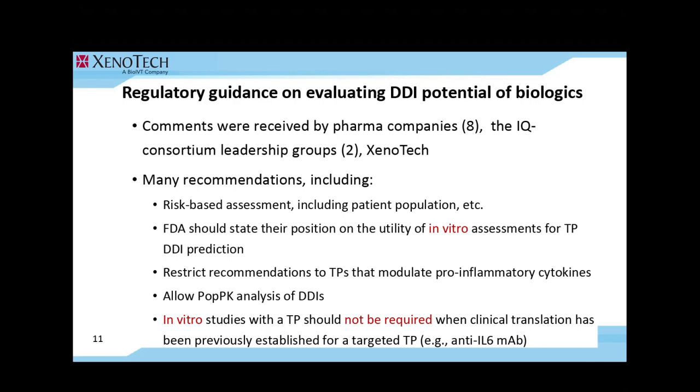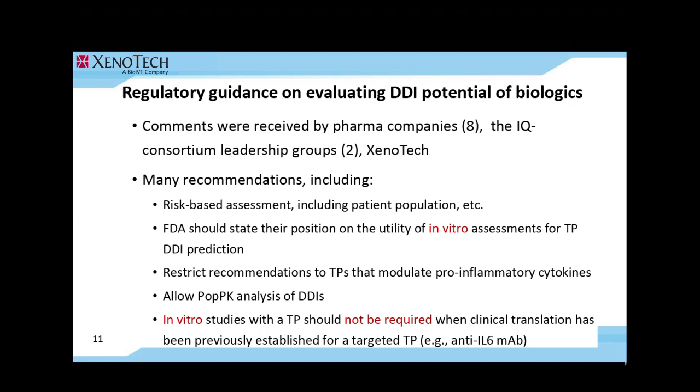Is new FDA guidance on DDI evaluation for therapeutic protein coming soon? Well, we certainly expect so. FDA posted a request for information and comments in May of 2018. These comments and the responses from the industry received by FDA are known as a FDA docket, which is a reference here.